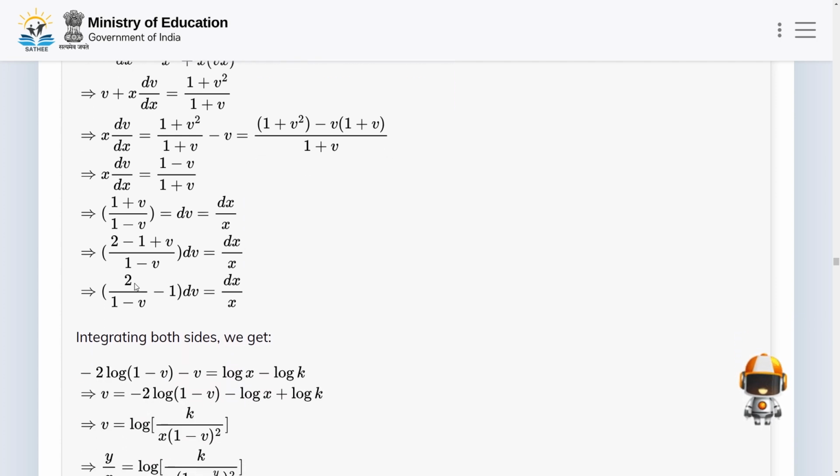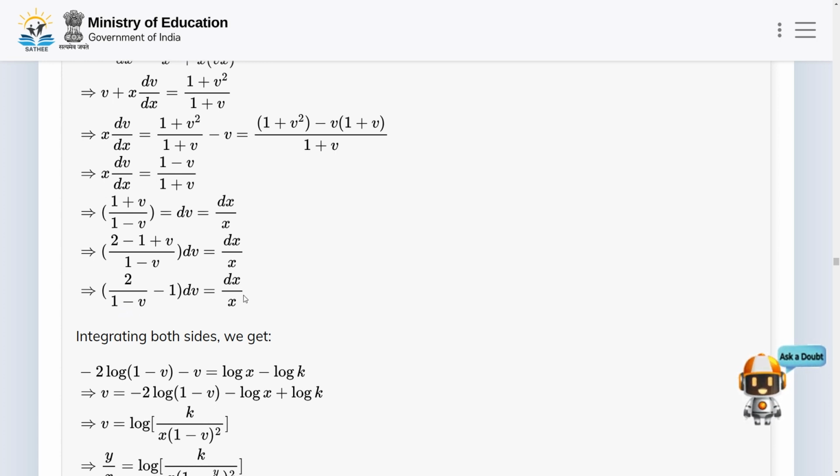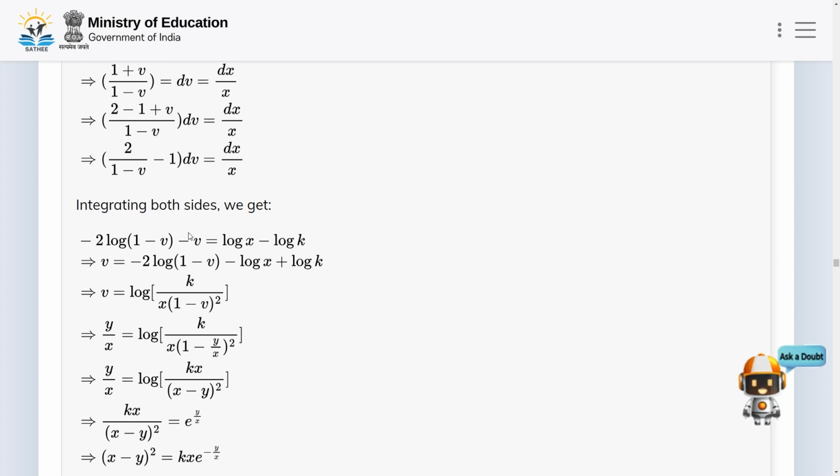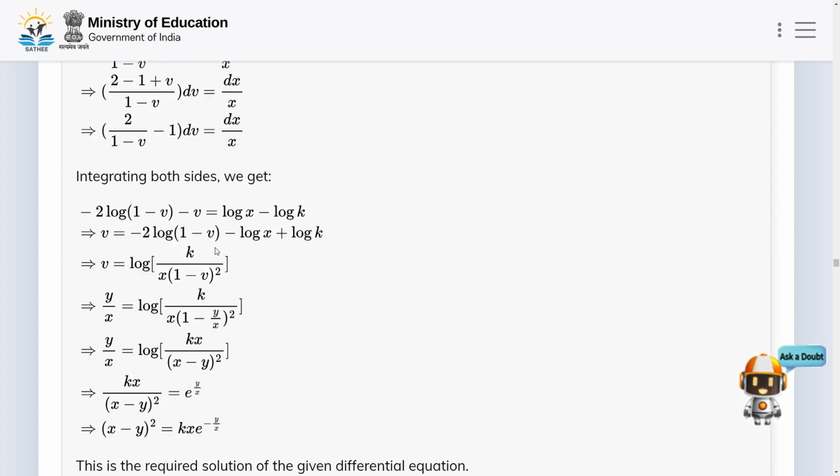You will get 2 divided by 1 minus v minus 1 dv is equal to dx by x. Integrate both sides. You will have 2 log mod 1 minus v minus 2 log modulus 1 minus v is equal to log x minus log k. Using log property and rearranging some terms, you will get the result.